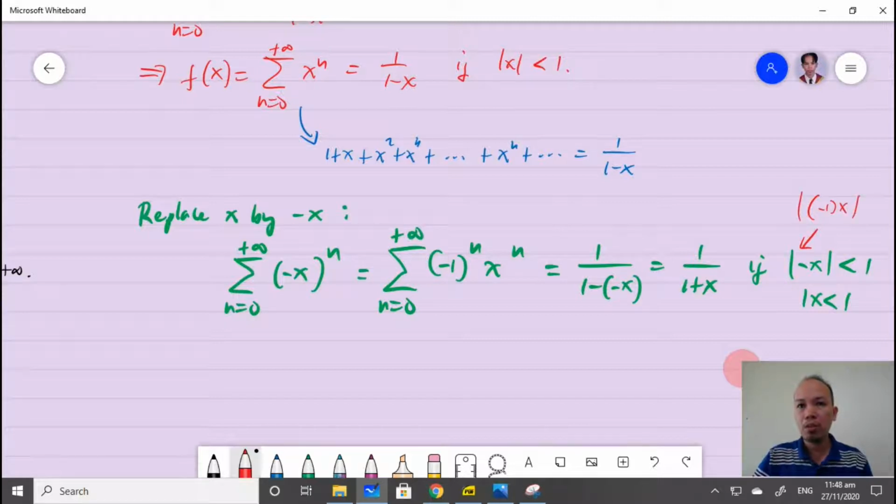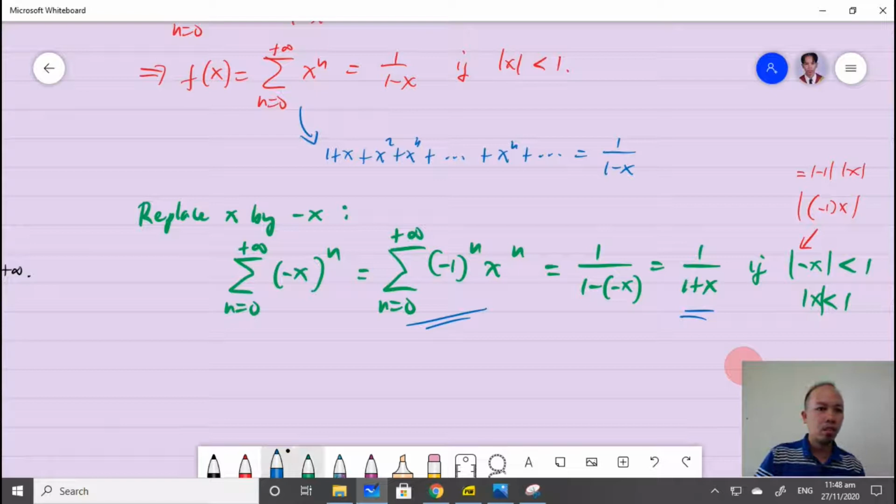We know that the absolute value of negative 1 is 1. So if we replace our x by negative x, we have this form. Meaning to say, the sum of this expression is equal to this one.